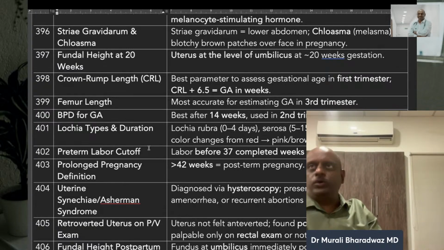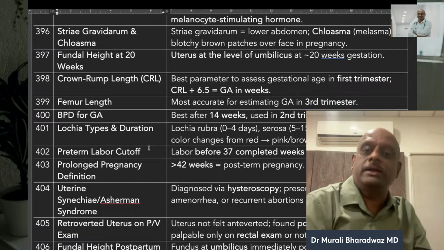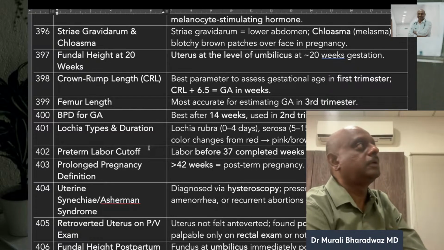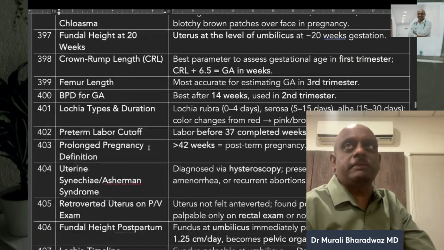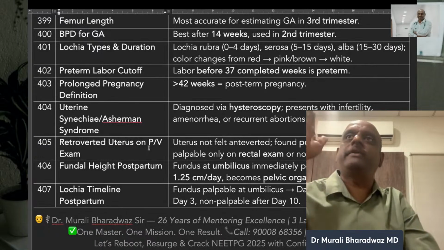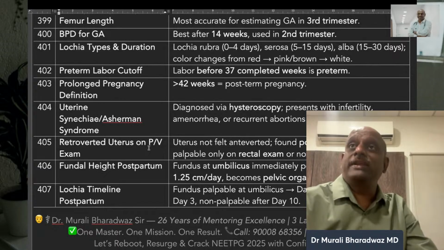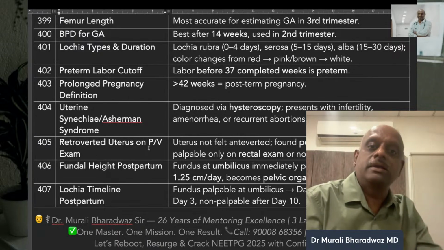Then different types of lochia. Already we finished this. 0 to 4, red colored rubra. 5 to 15, serosa. 15 to 30, alba. When do you call preterm labor? Any labor before 37 completed weeks is called preterm. Anything more than 42 weeks is called postterm.